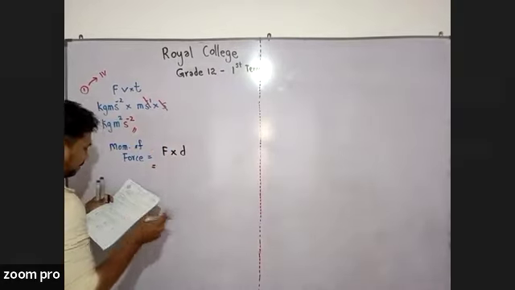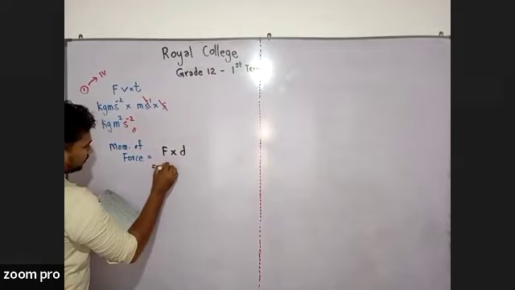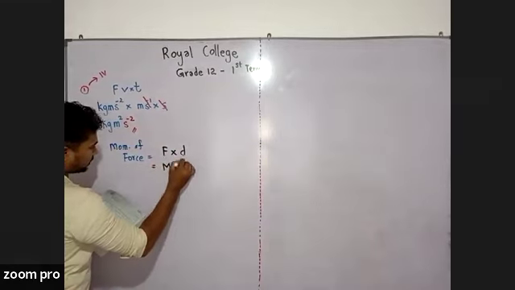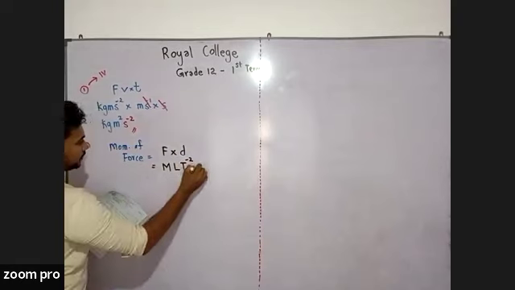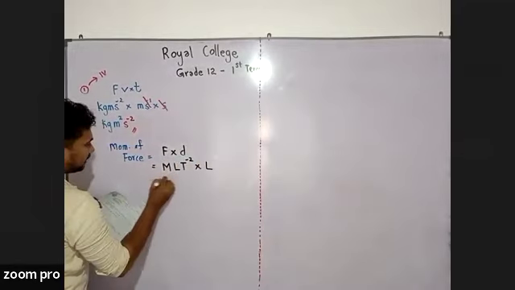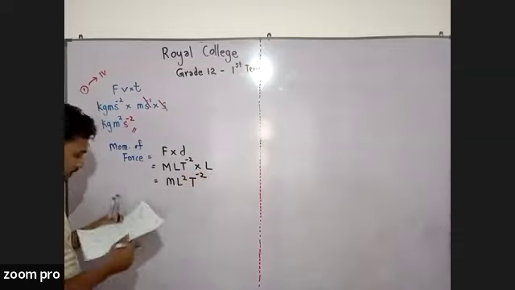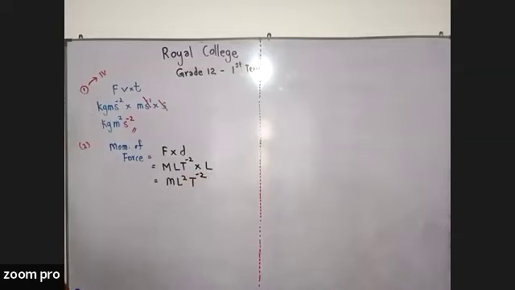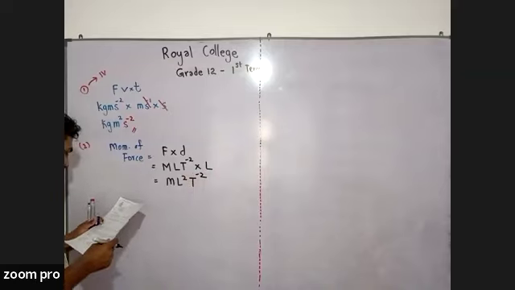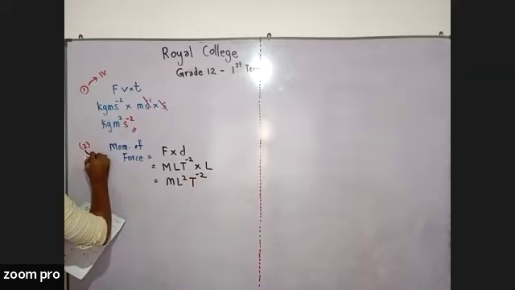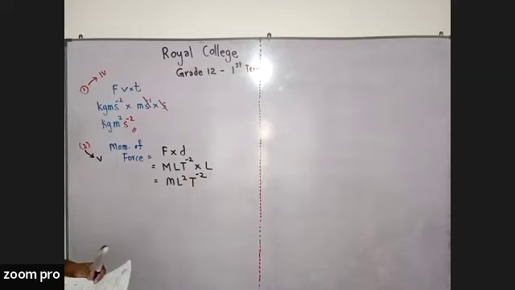So then if I substitute the dimensions of force, it should be MLT minus 2 into d, which means L, then it should be ML squared T minus 2. So then the relevant value should be represented by the fourth one, isn't it? So the answer should be the fifth one, right?